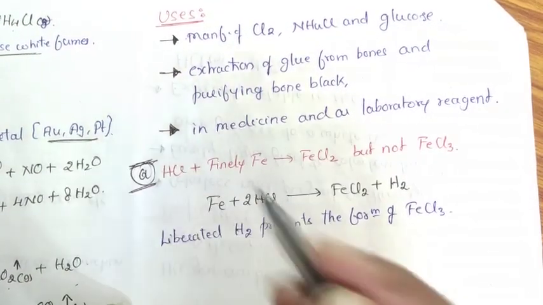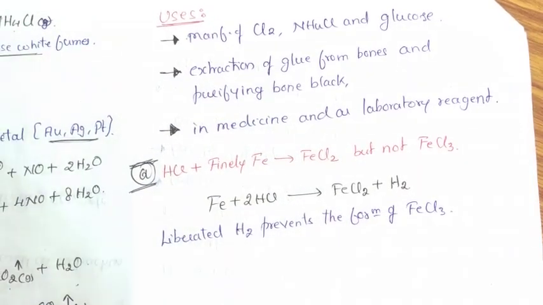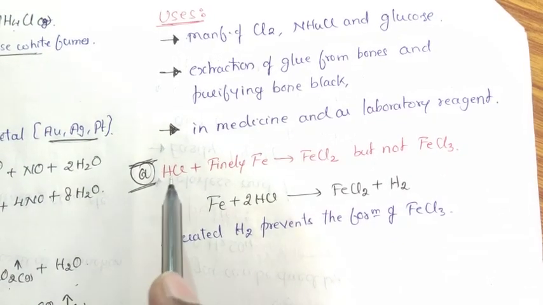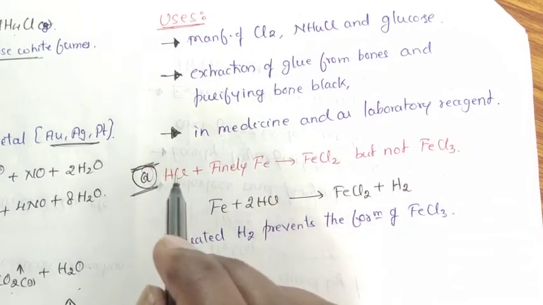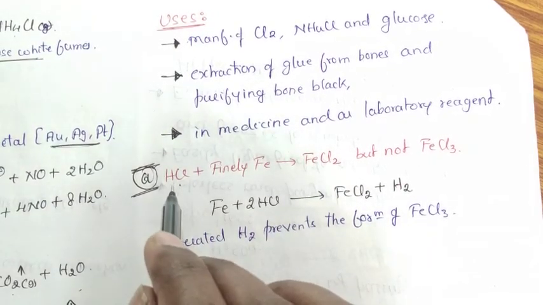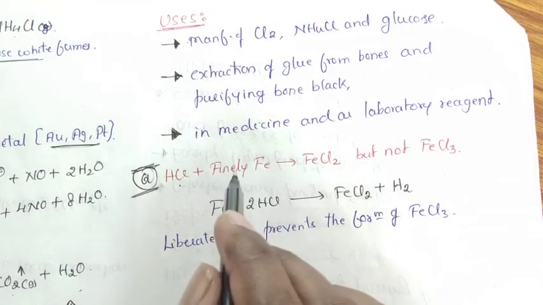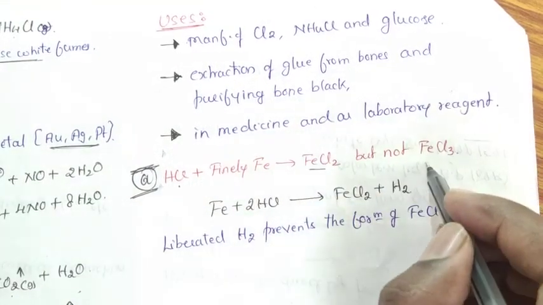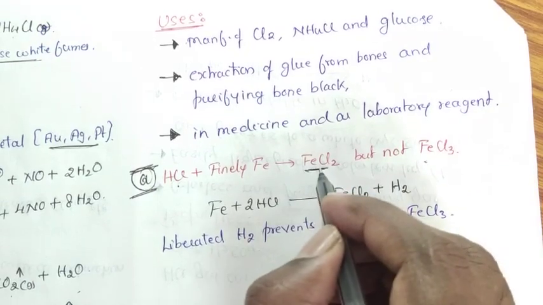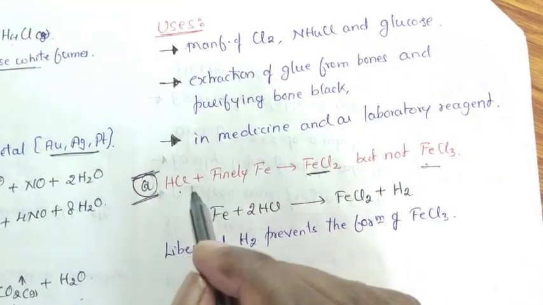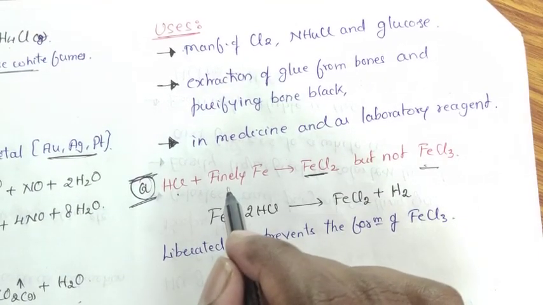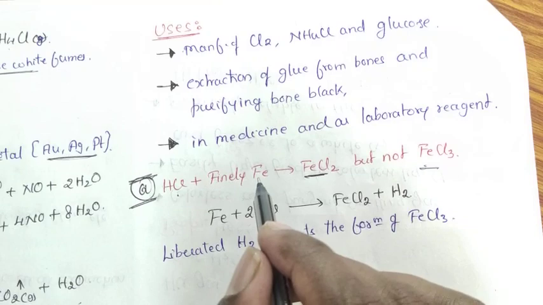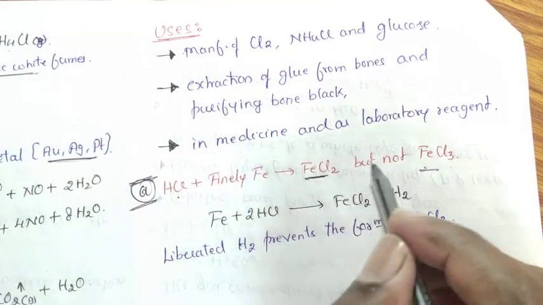There's one question in your NCERT book, and this question has been asked many times repeatedly. When concentrated hydrochloric acid is treated with finely divided iron powder, ferrous chloride is obtained but not ferric chloride.